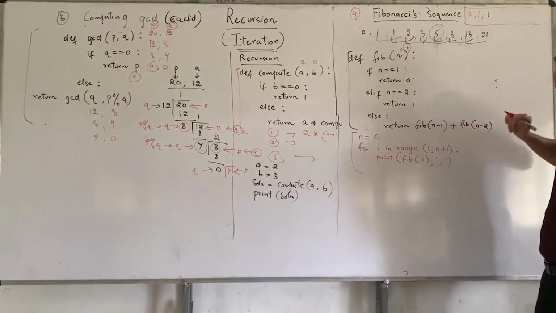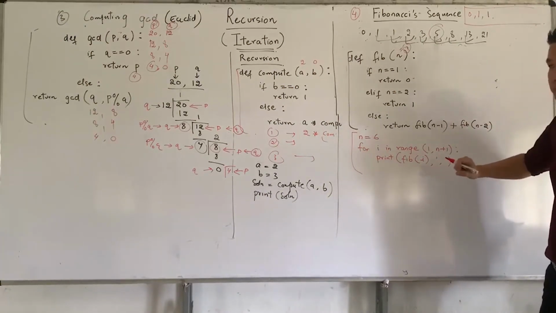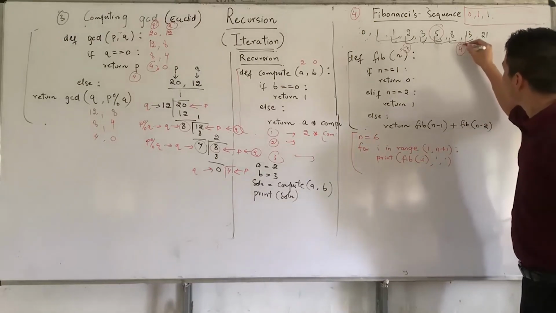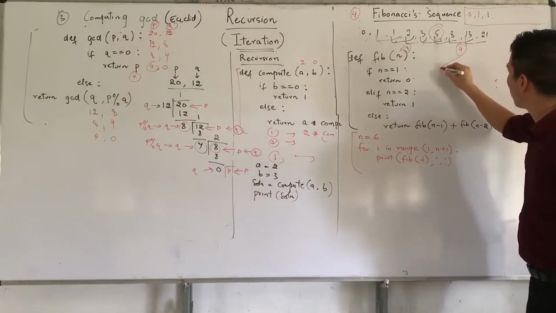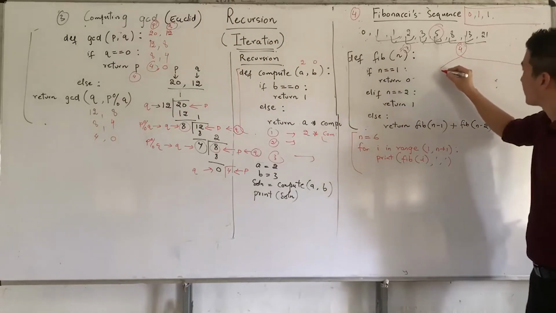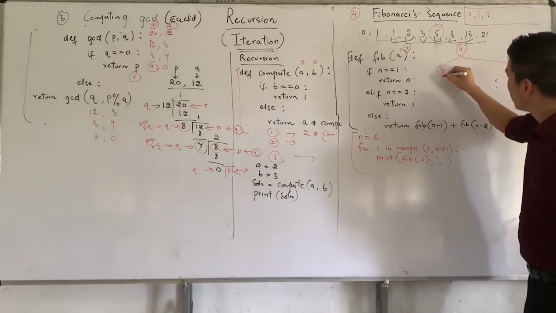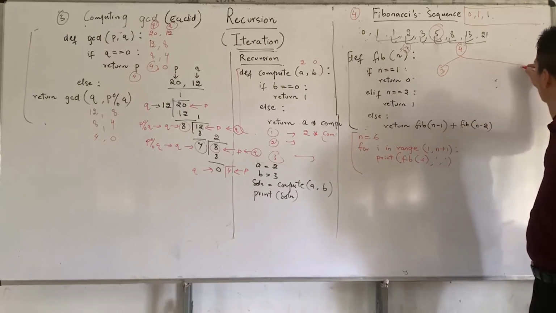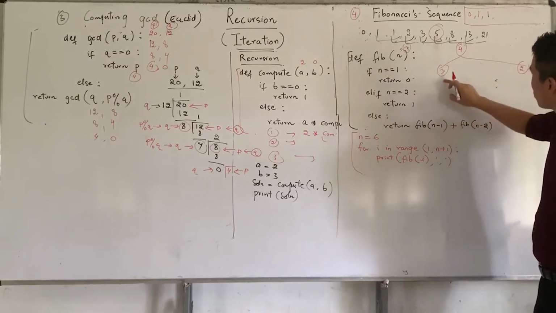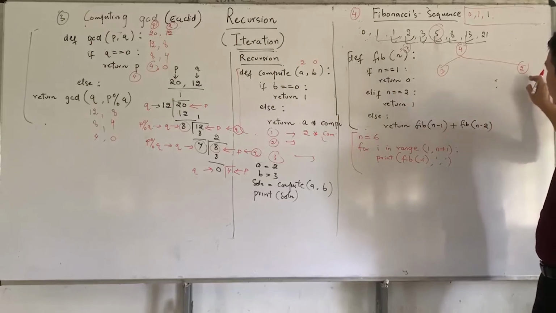Now it's pretty easy henceforth. So when the value of n becomes 4, again, this will be broken into two parts. 4 will be broken into 3, and then you will have 2. 4 minus 1 is 3, 4 minus 2 is 2.